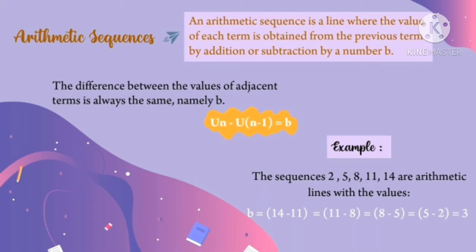For example, the sequence 2, 5, 8, 11, and 14 is an arithmetic sequence with the value b equals 14 minus 11 equals 11 minus 8 equals 8 minus 5 equals 5 minus 2 equals 3.